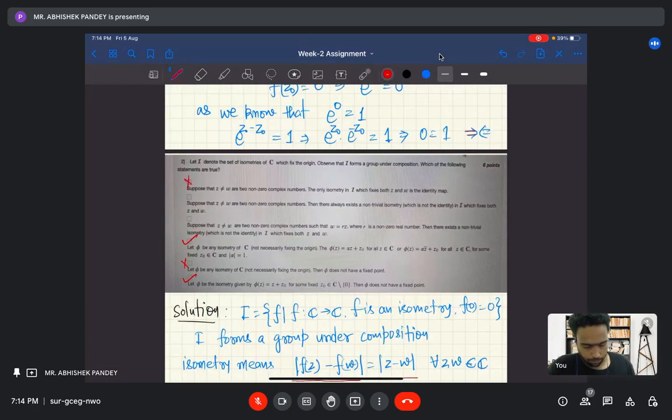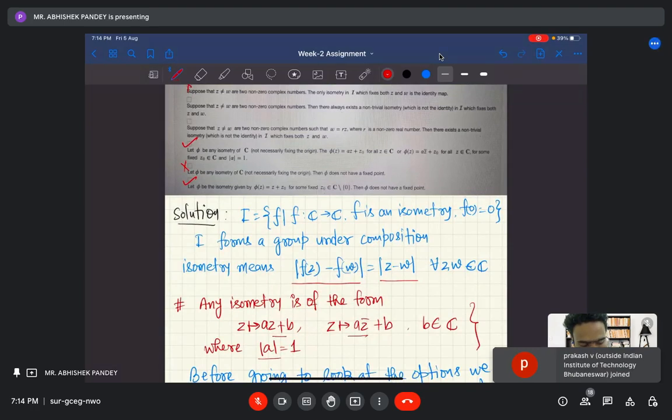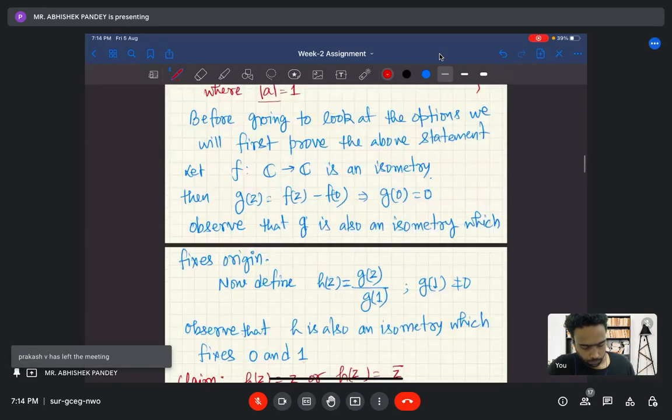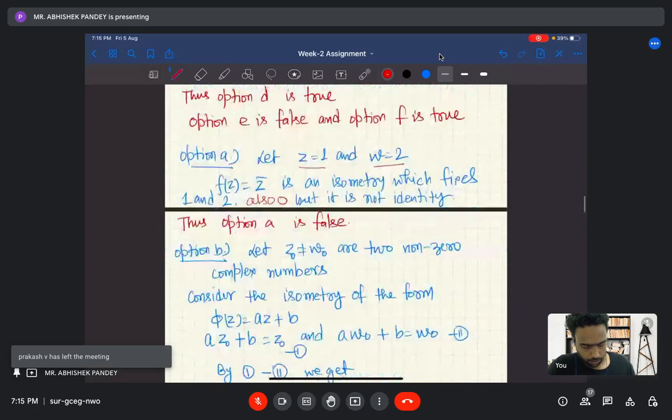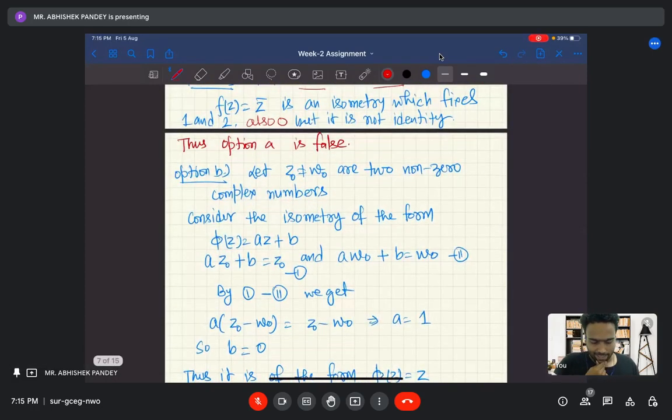Now option B. Suppose z, w are two non-zero complex numbers. Then there always exists a non-trivial isometry, which is not the identity, in I, which fixes both z and w. Let us look at this option. Let z naught is not equal to w naught be two non-zero complex numbers.